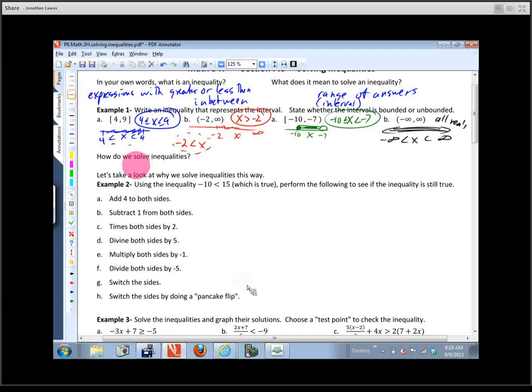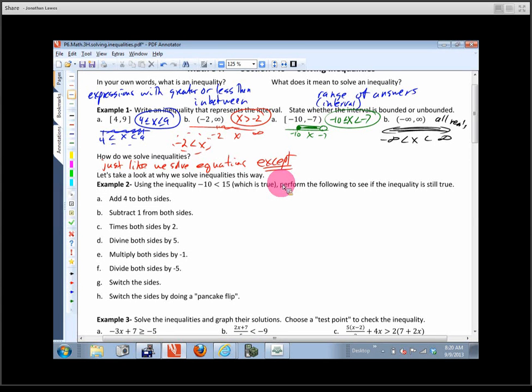Okay? How do we solve inequalities? Can somebody describe how we solve inequalities? I know you've seen these before. Raymond knows. Who else knows how we solve inequalities? Okay. Raymond, go ahead. Isn't it close to solving equalities? Yeah. Okay. So we solve them just like we solve equations, except we've got to be really careful when we do one of two things.